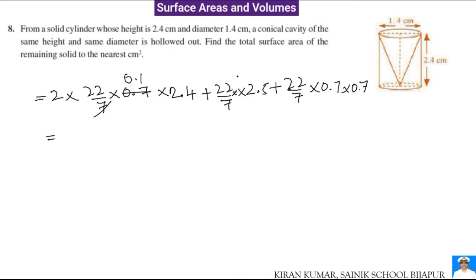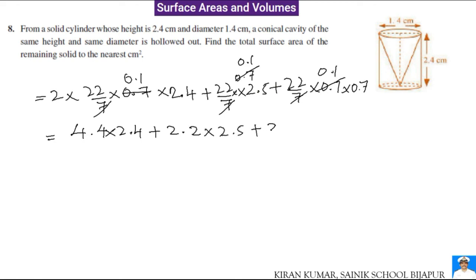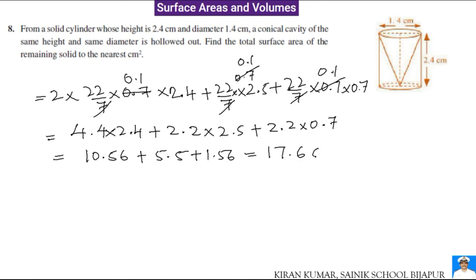Here 0.7 is missed out. This will become 0.1 time. Here also it is 0.1 time. We will be getting 4.4 multiplied by 2.4 plus 2.2 multiplied by 2.5 plus 2.2 multiplied by 0.7. Let's multiply. This is 10.56 plus 5.5 plus 1.56. On addition, we get 17.6 centimeters square.